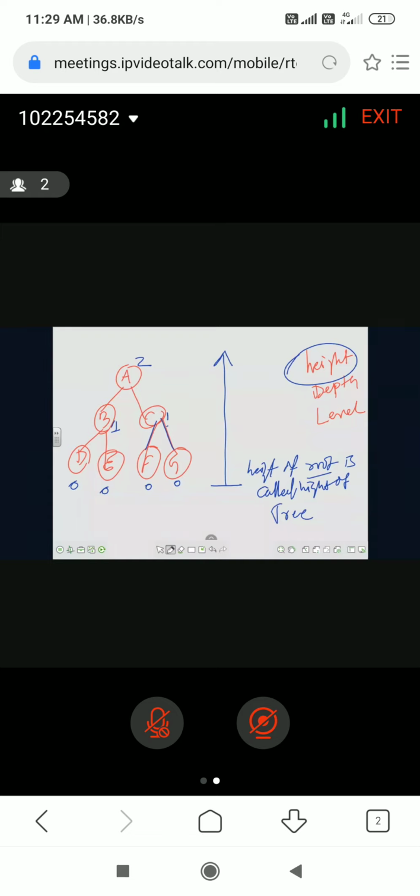Again I repeat: height of the tree. How to measure the height? I draw another diagram here. Here is A, the parent root node.